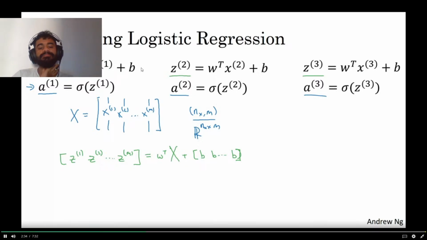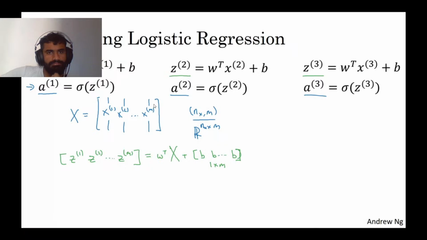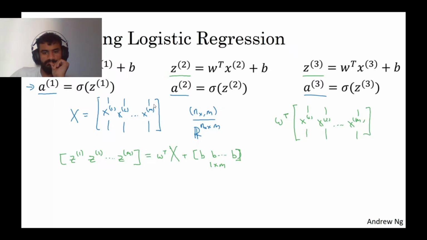This b thing is a 1 by m vector, or 1 by m matrix, that is, an m-dimensional row vector. So depending on how familiar you are with matrix multiplication, you might see that W transpose times x1, x2, and so on through xm, that W transpose is going to be a row vector, right?